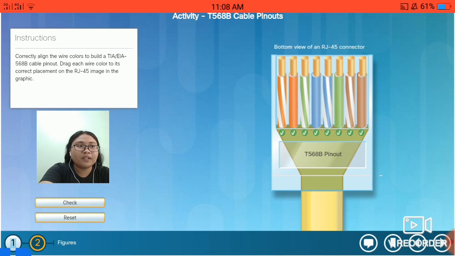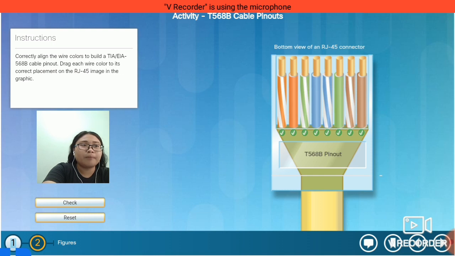T568A wiring pattern is recognized as the preferred wiring pattern for this standard because it provides backward compatibility to both 1-pair and 2-pair USOC wiring schemes.